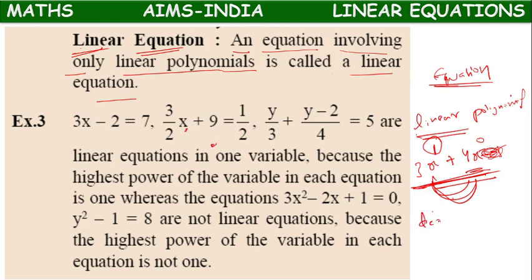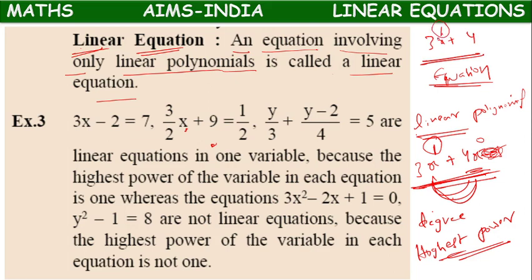Here degree means the highest power of the variable. So in 3x + 4, what is the highest power of the variable? 1. So its degree is 1. If the degree is 1, that expression is called a linear polynomial.